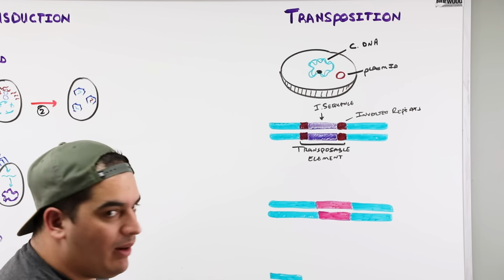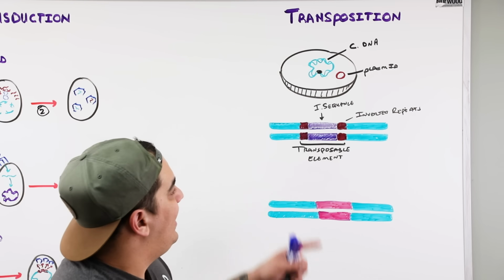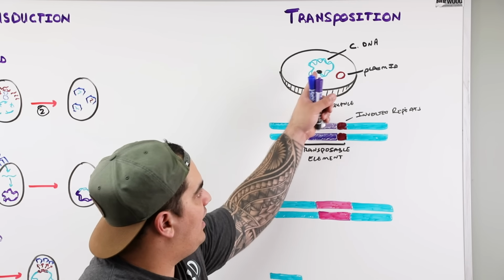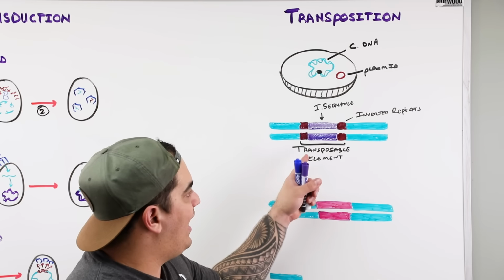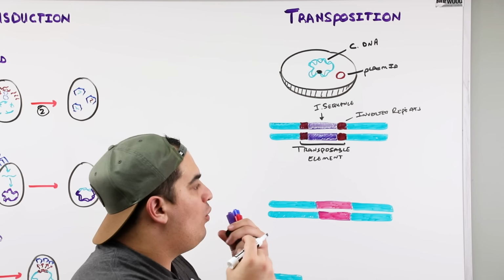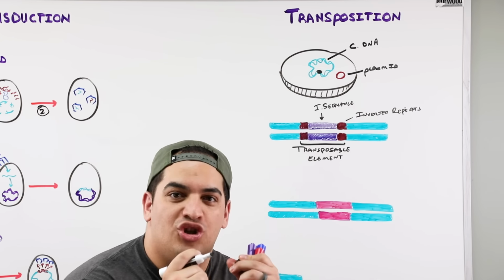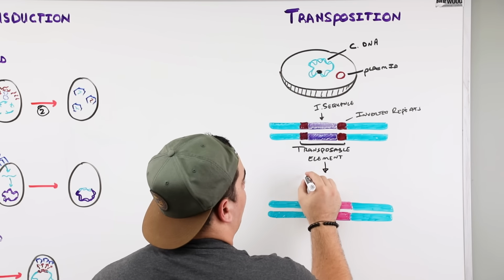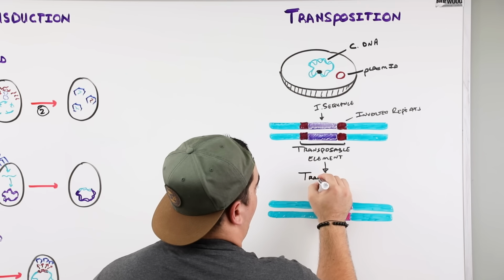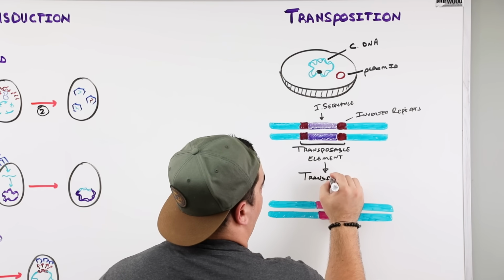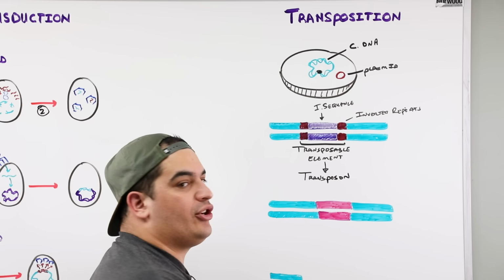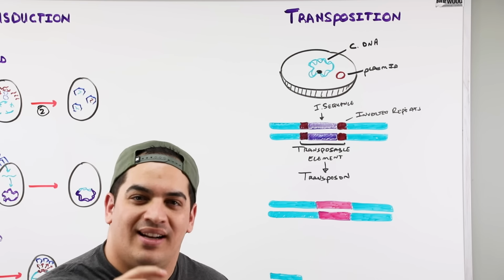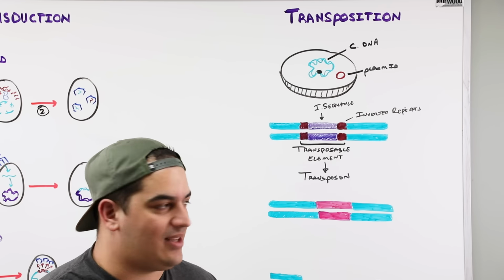And what I really want you guys to remember about this is that on this sequence of DNA, which is going to be a part of the chromosomal DNA, it has this thing called a transposable element, which is basically a gene. And this gene, when transcribed and translated, makes a very particular type of protein called a transposase. This transposase is an enzyme, and it's a very interesting enzyme.